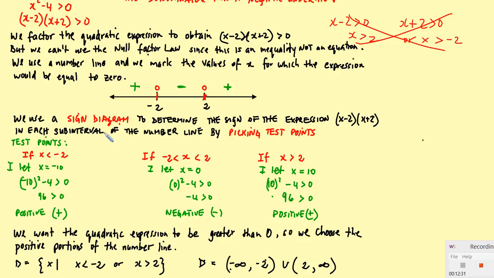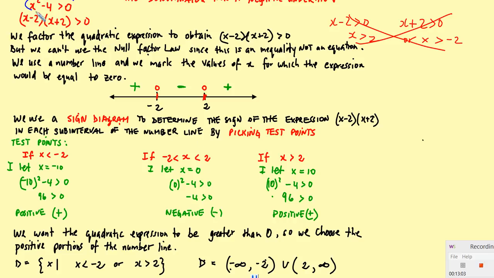Starting with the left-hand side, if I were to pick a number less than negative 2, I just happen to choose negative 10. I take that and replace it back into the inequality x squared minus 4, which I'm circling right now in blue at the top.